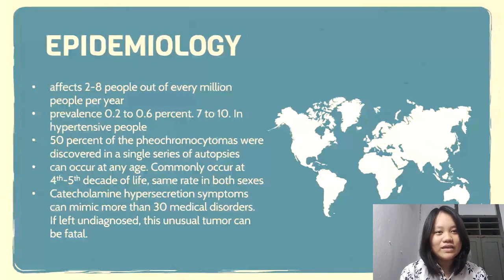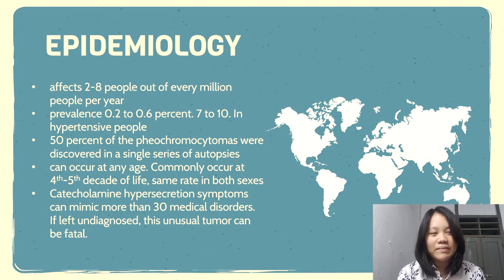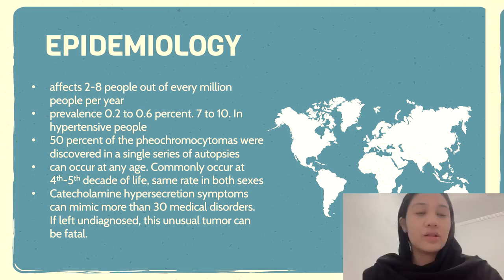For the epidemiology, pheochromocytoma affects 2 to 8 people out of every million people per year, and this disease can occur at any age, but commonly occurs in the fifth decade of life, and it occurs at the same rate in female and male.